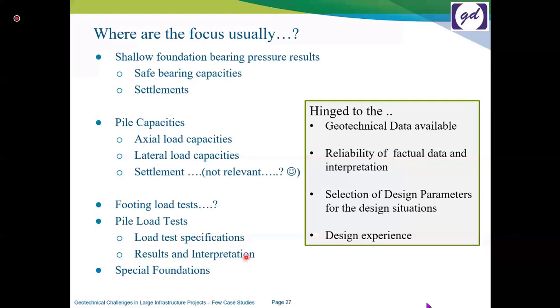And then when you go for the load testing, the design and the outcome are not in agreement. Then there is an issue because you emphasized something else. Maybe you said your pile capacity would be 800 ton, whereas the actual pile capacity comes out at hardly 400 ton. And then the project will be in trouble.